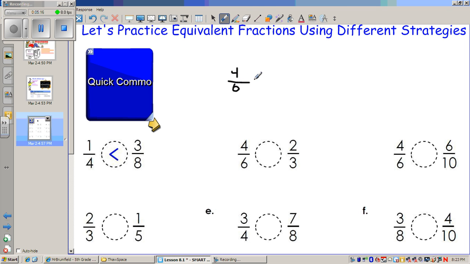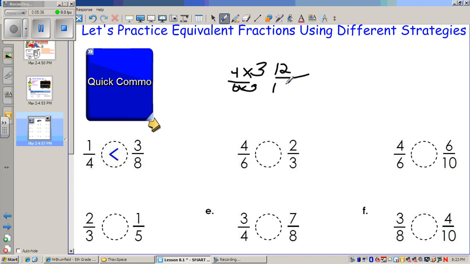So just like he did in the video, we would do 4 times 3, because 18 is our common denominator, so that would be 12. And then 6 times 3, which is 18, so we would have 12/18.